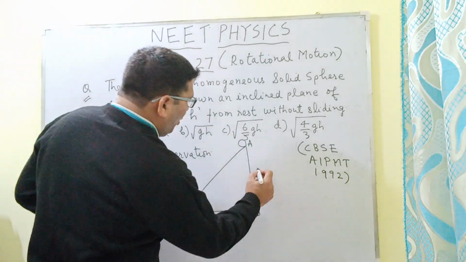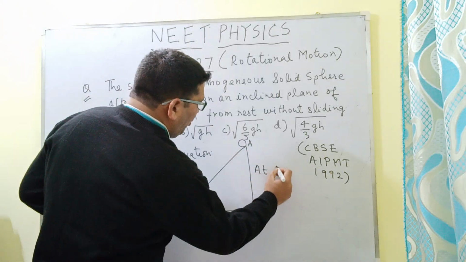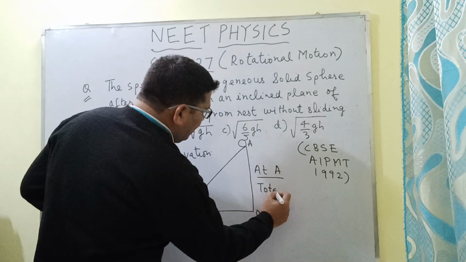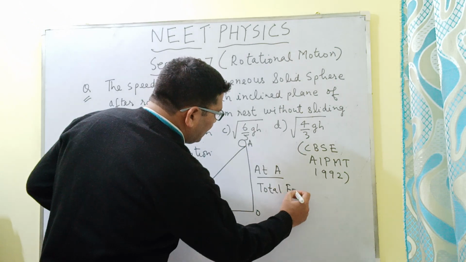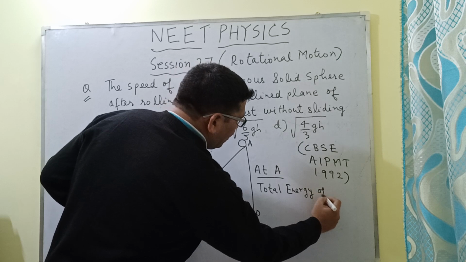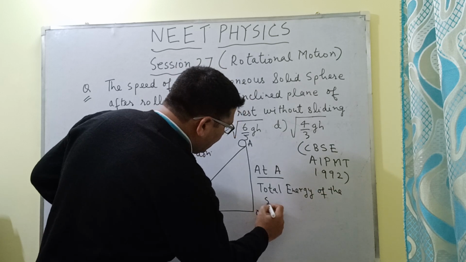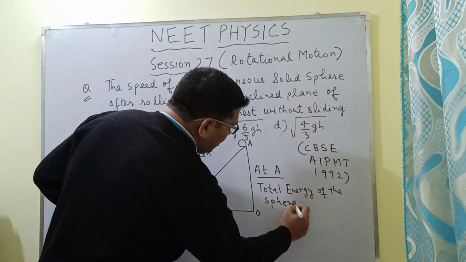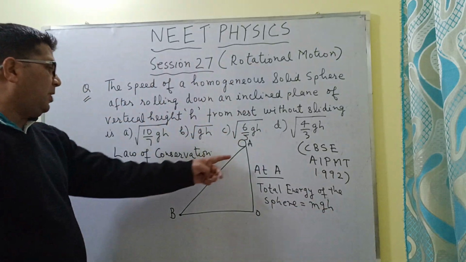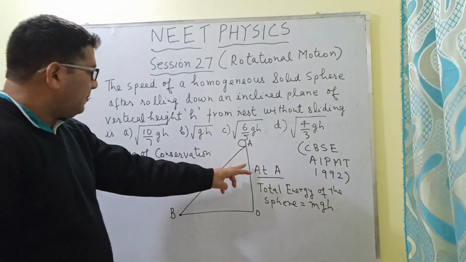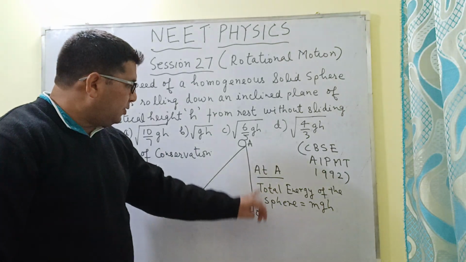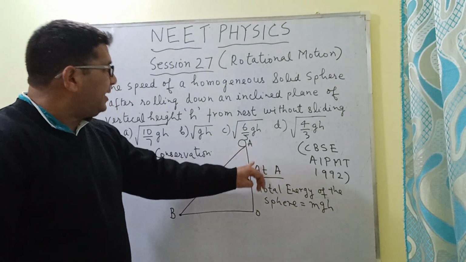So now at the point A, the total energy of this sphere is equal to mgh, because at this point the sphere is at rest, and it is only having the potential energy due to the vertical height of this inclined plane.